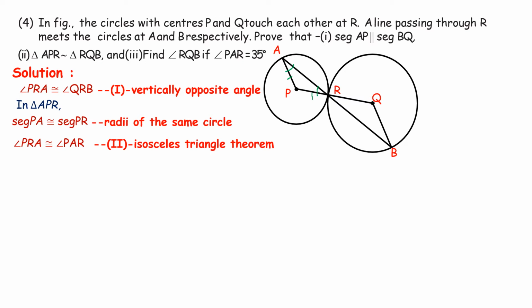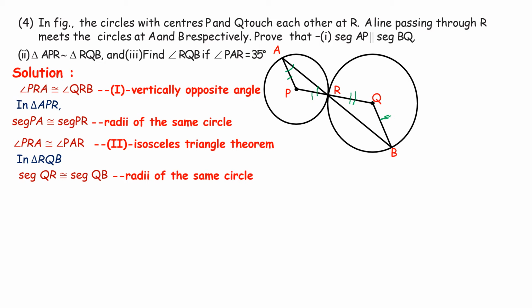Similarly, now in this triangle RQB, QR is congruent to QB, radii of the same circle. So write down, in triangle RQB, segment QR congruent to segment QB, radii of the same circle.